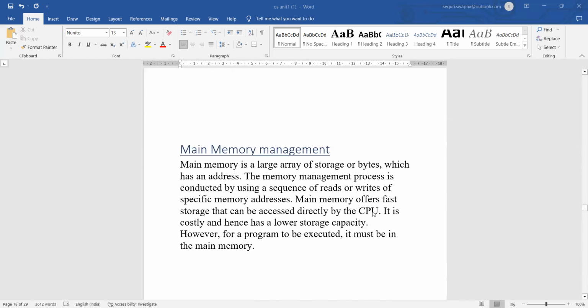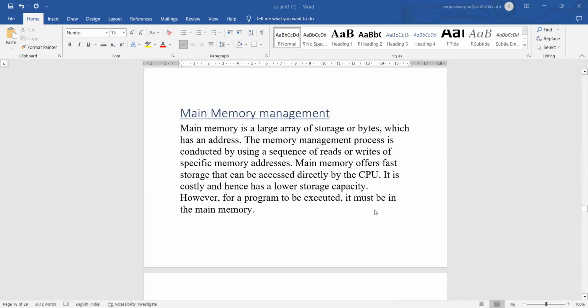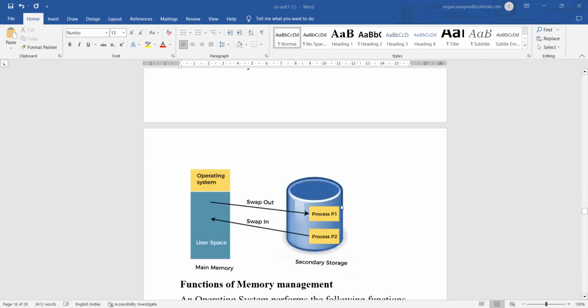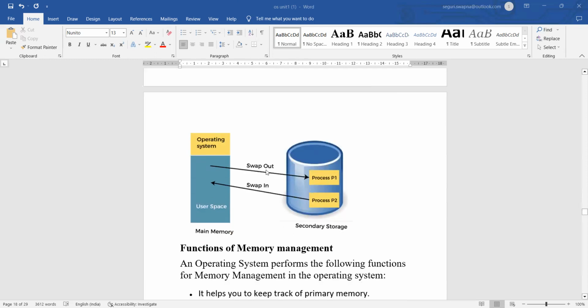Next is the main memory management component. This component is a large storage of files. It is responsible to read or write the files in the memory. Here, the CPU is directly accessed with the help of this main memory. The data or the processes stored in the secondary memory are swapped in and swapped out of the main memory to execute the task.